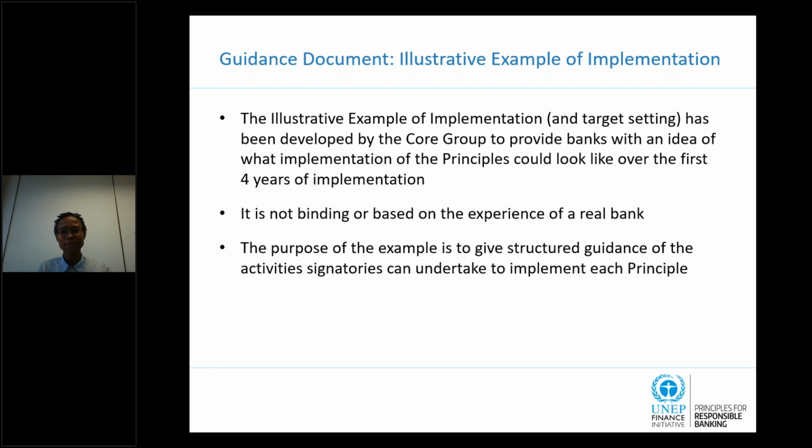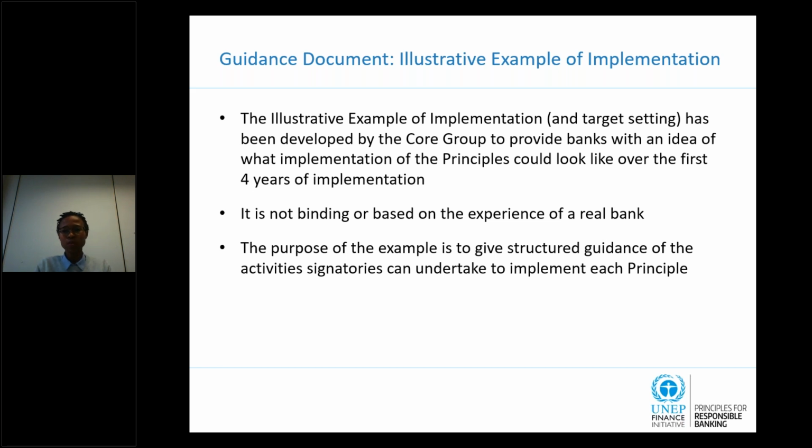So how do we implement the principles? Even though the guidance document gives examples of how you can implement, what we've done is that we've taken the concrete actions and structured these over 4 years in respect to a hypothetical bank that would be implementing over the 4 years.